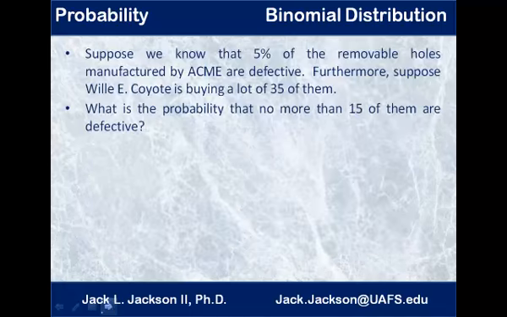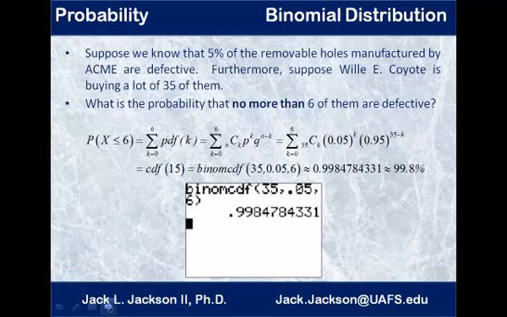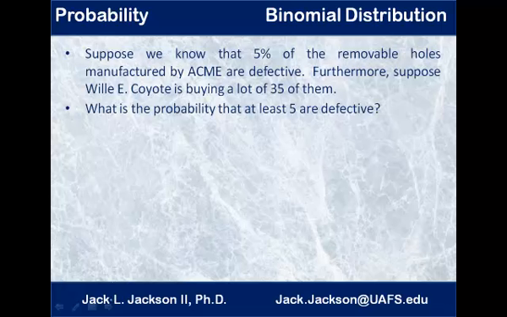And so that adds up to be very high, nearly the whole thing, about 99.8%. So if he was to put a trap for the Roadrunner and put 6 of these in a row, there's a real good chance that this would work. But of course, this is Wile E. Coyote, so it never works for him. Alright, let's move on.